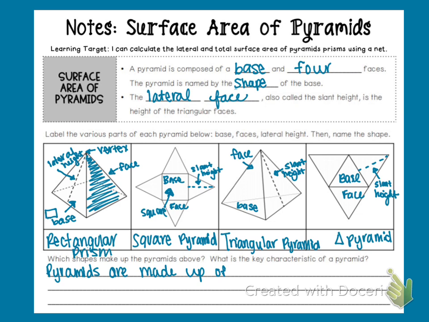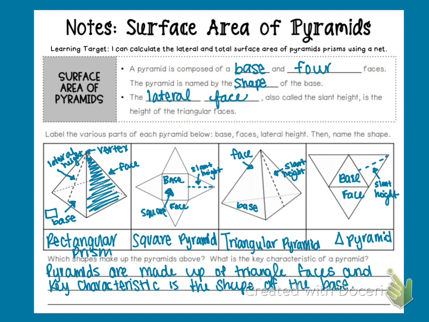They're all triangles, made up of triangle faces, and the key characteristic is the shape of the base. Why is the shape of the base a key characteristic? Because that's what gives the pyramid its name.